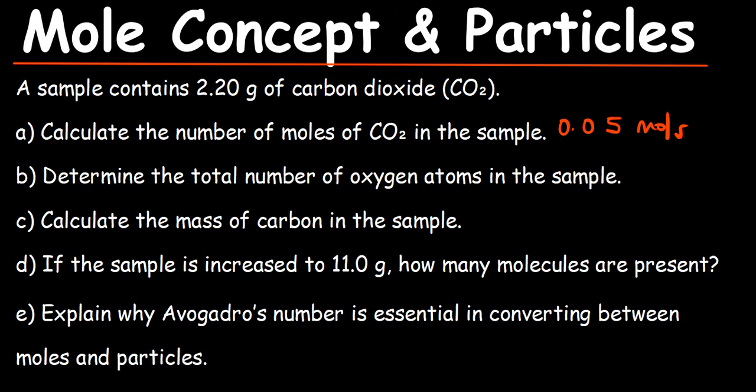Then question number 2, we are told to determine the total number of oxygen atoms in the sample. Now, if you look at the sample itself, carbon dioxide as a molecule, how many oxygens does it have? It has 2 oxygen atoms.